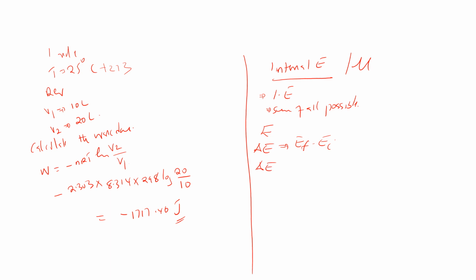And delta E is positive if E final is greater than E initial, and it is negative if E final is less than E initial. So this is how we determine the internal energy.